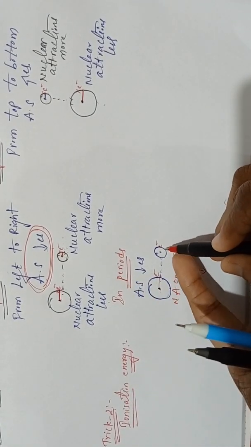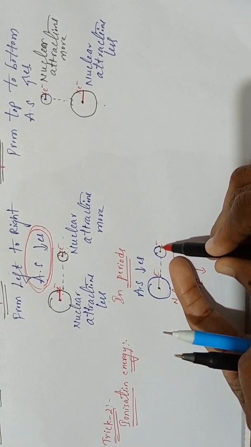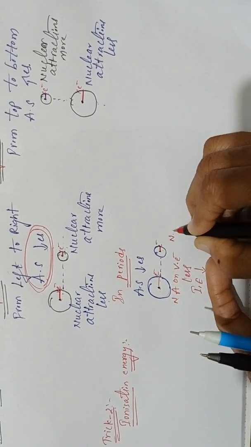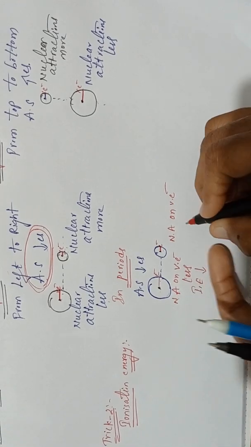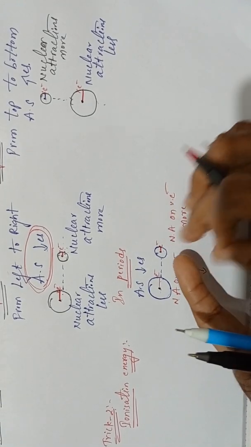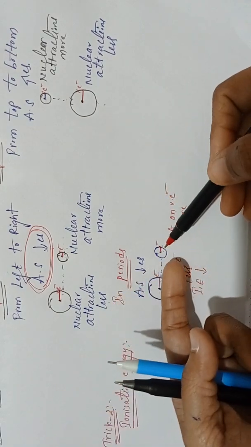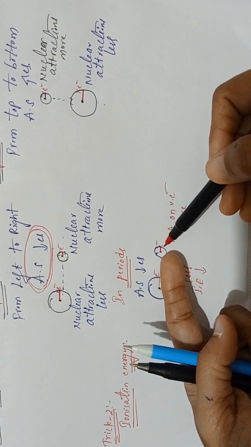Now in this case, nuclear attractions are more because the distance is very small, so nuclear attractions on valence electrons are more. Whenever nuclear attractions are more, the nucleus is not ready to lose electrons, so we have to supply more energy to remove the electron from the outermost shell.